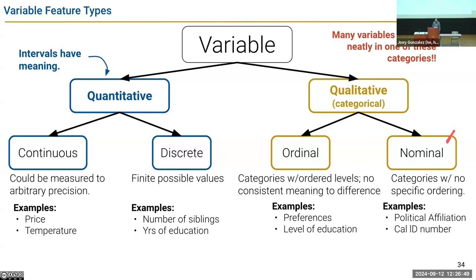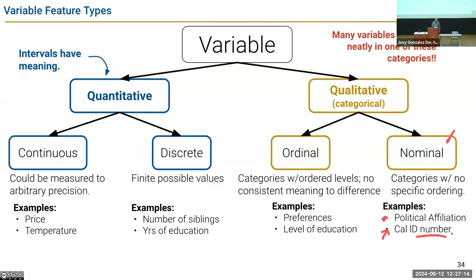Political affiliation generally could be a nominal value. Cal ID number. It's actually nominal. It's a number, but it's really just a way of referencing you. You don't take the average of Cal ID numbers. That doesn't make sense, right? So these can be actual numbers, but you're treating them as categories, as names.